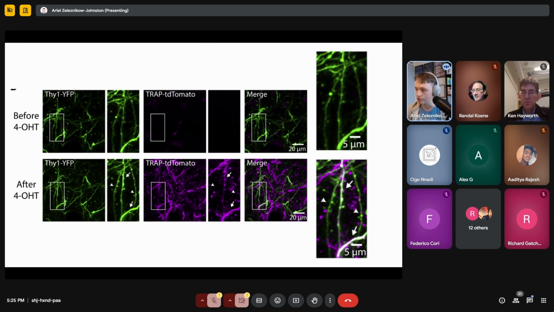And if you merge them, in the bottom right, you can see the white, which is the overlap between dendrites that were labeled initially from before the training, and those neurons that were active during training. They're flagged in white there to visualize the overlap, which is validating that they can do this labeling of the dendrites, and they can do the labeling of the spines that become active during the training sessions.